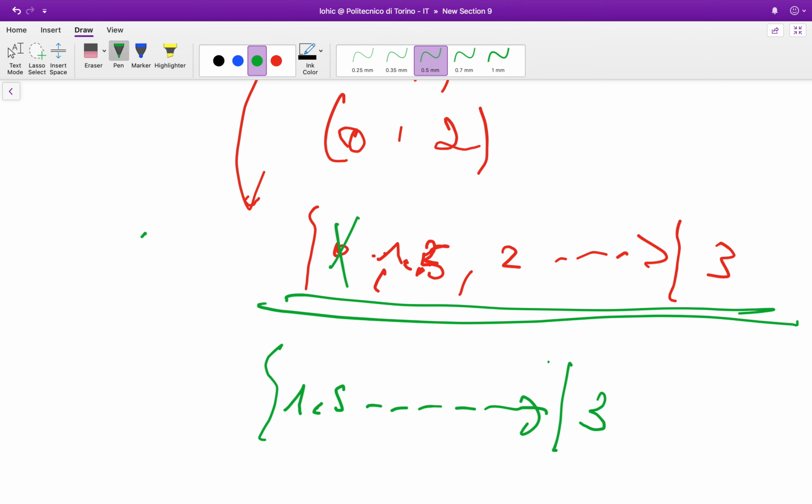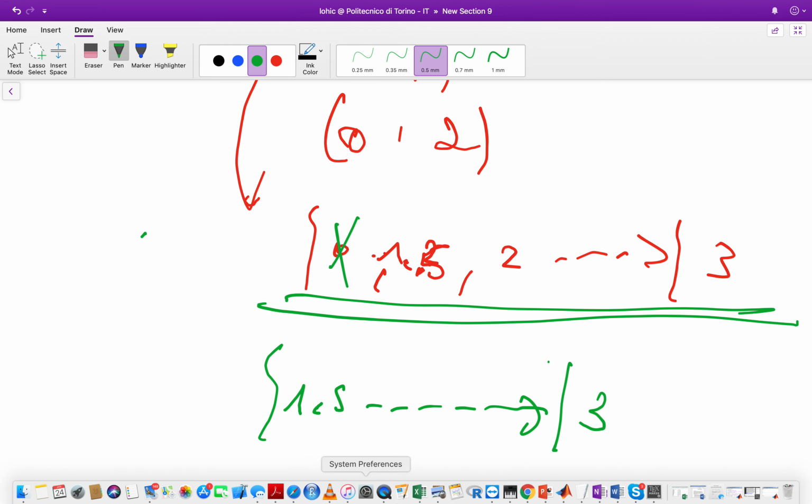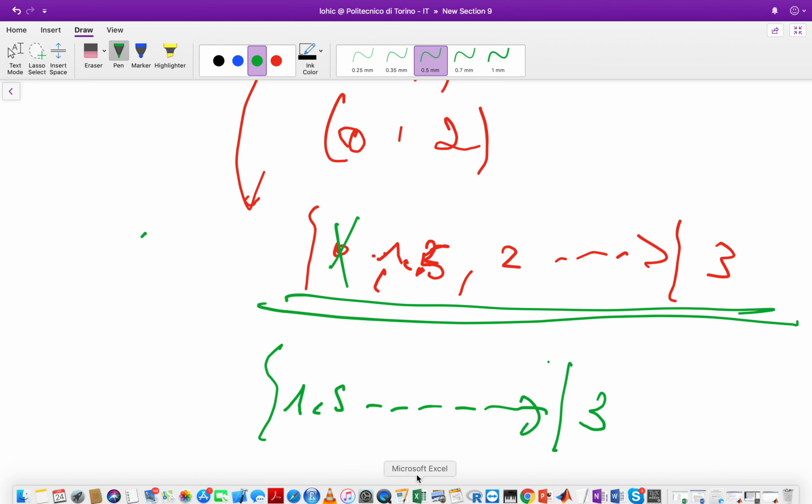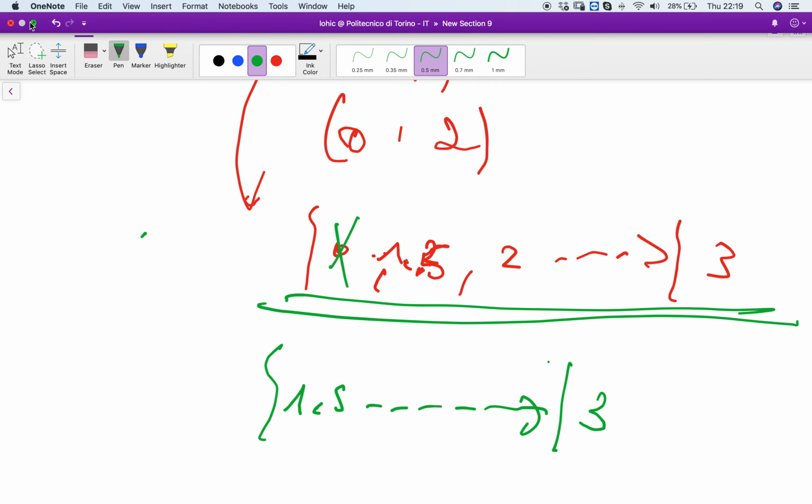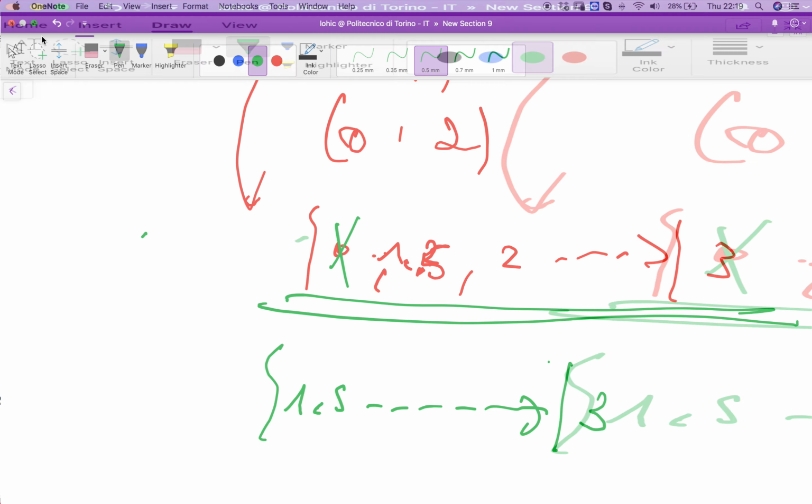My student is saying that 3 is the supremum and 1.5 is the infimum. Yes, okay, but 1.5 is also the minimum because it belongs to the set. So going back, A is correct, right? The set is bounded.